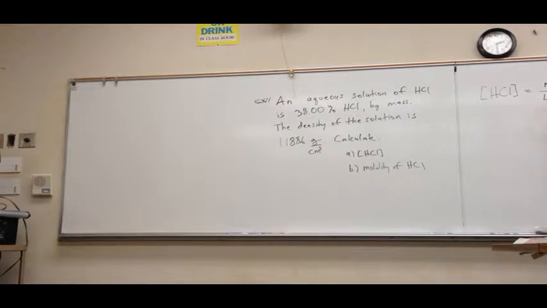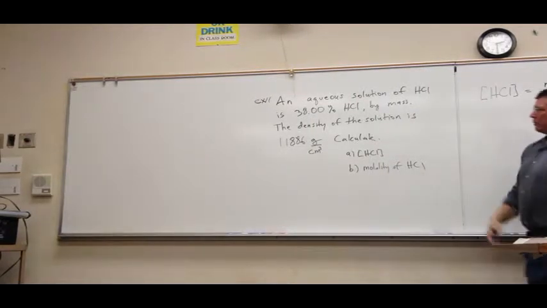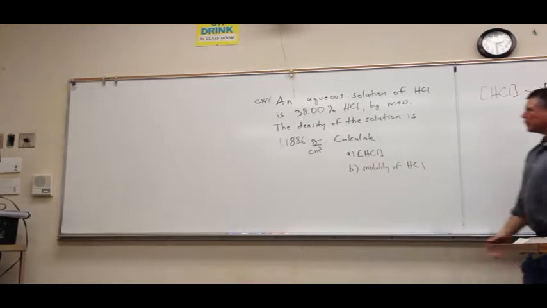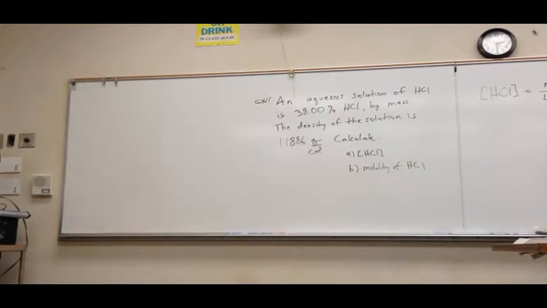So we need two numbers. We need the moles of hydrochloric acid and the liters of solution. If I don't tell you how much it is, right? But if we assume, how much did you want to assume? 100 grams. 100 grams of solution, then we know how many grams of hydrochloric acid, 38 grams, right? And if we know grams, well, then we can get moles, right?